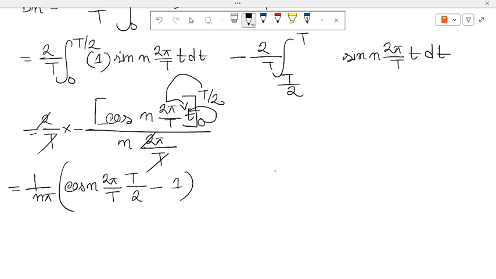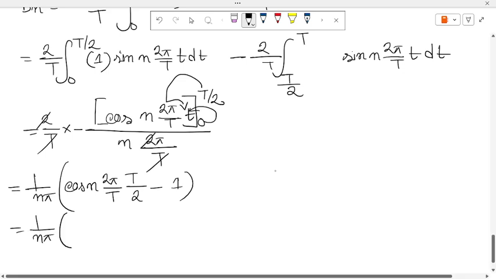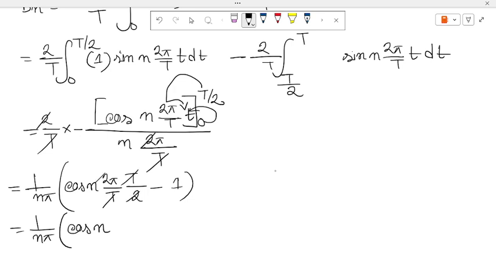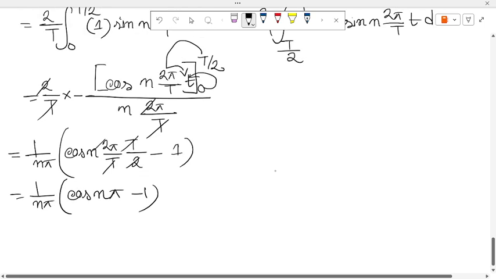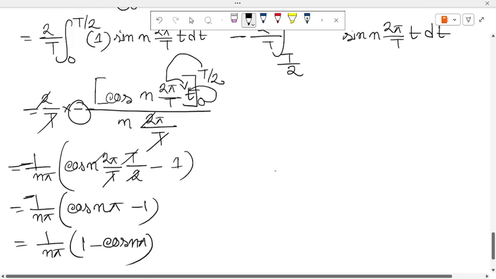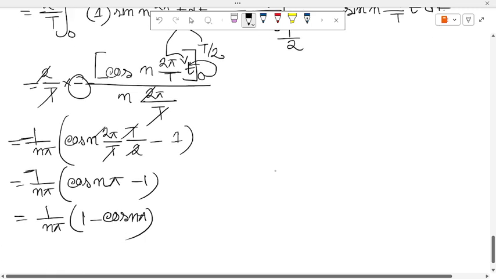So 1 by n pi, T cancels out, cos n, 2 cancels out, n pi. I have a minus here, so I have to write minus. So 1 by n pi times 1 minus cos n pi.